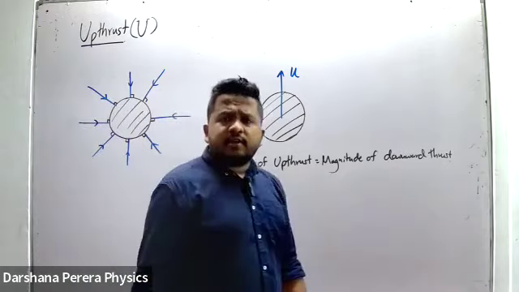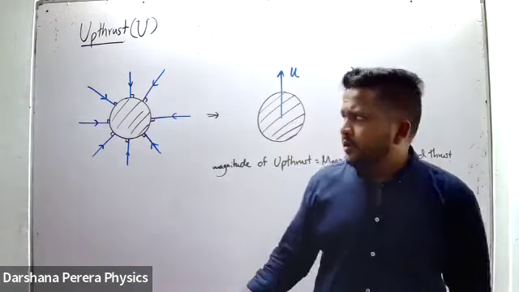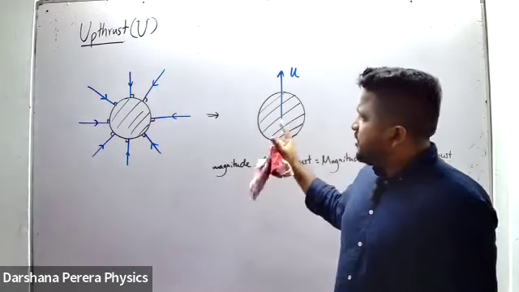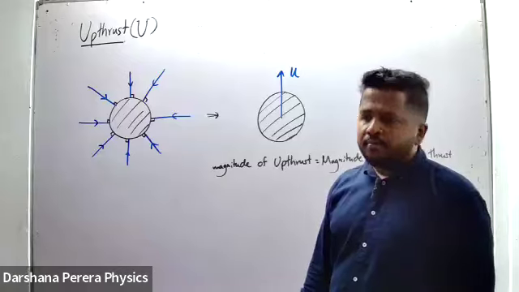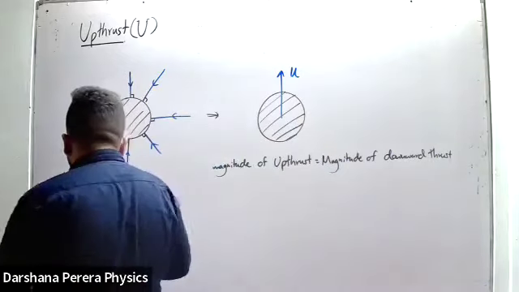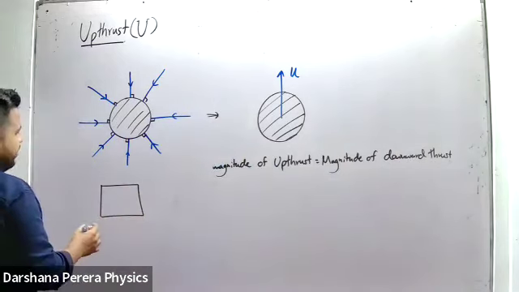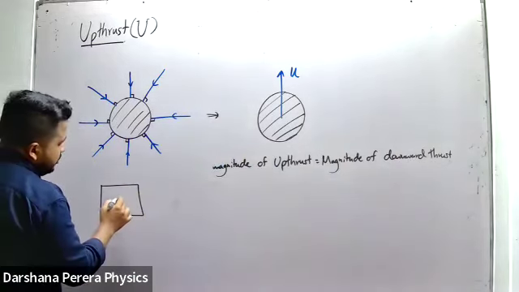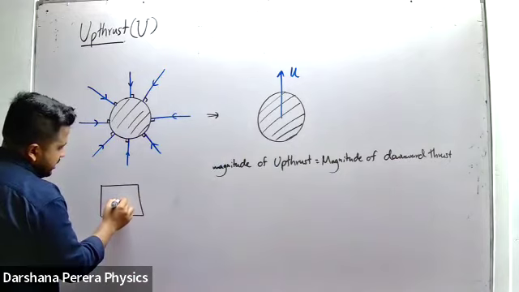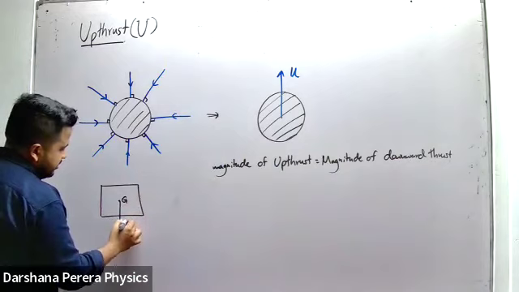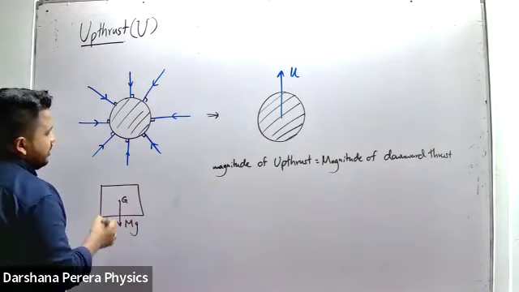We know there is a point of action when there is an object. When we draw the object, we know how we mark the weight from the center of gravity. In mechanics we discussed center of gravity.